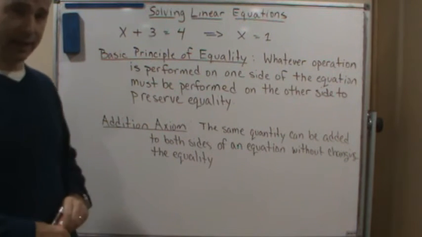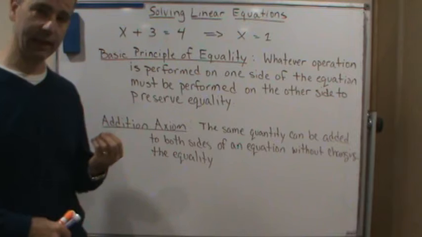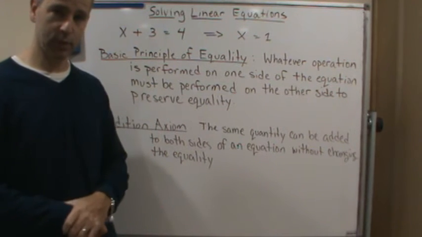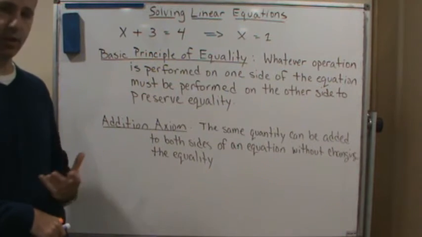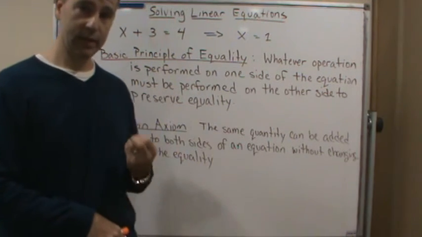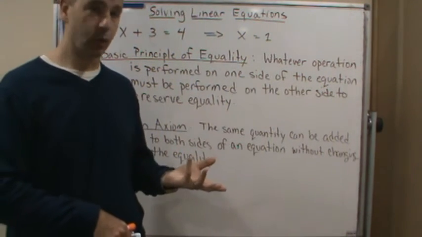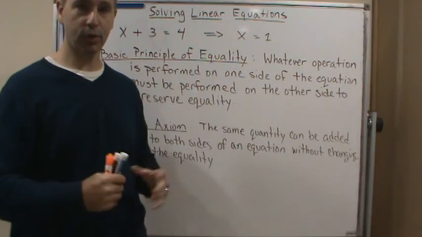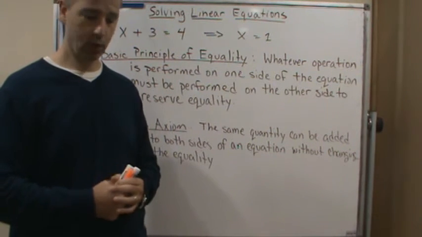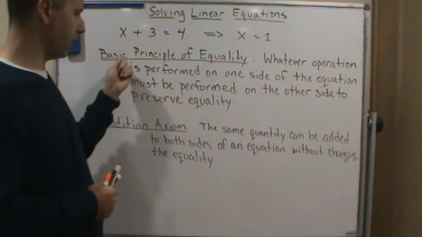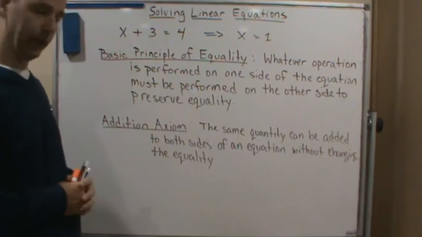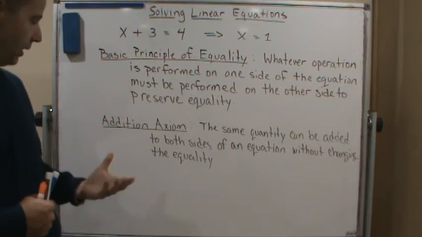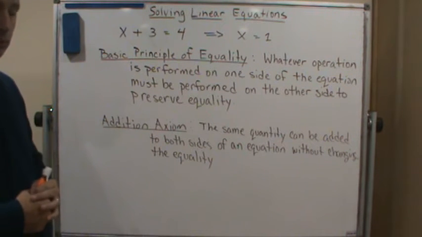Now, one of the important axioms that comes from this principle of equality is the addition axiom. So the addition axiom just says, look, if I add the same thing to both sides of an equation, it preserves equality. Okay? So again, that's just coming from this basic principle of equality. This is something that we take as a fundamental fact, as an axiom.